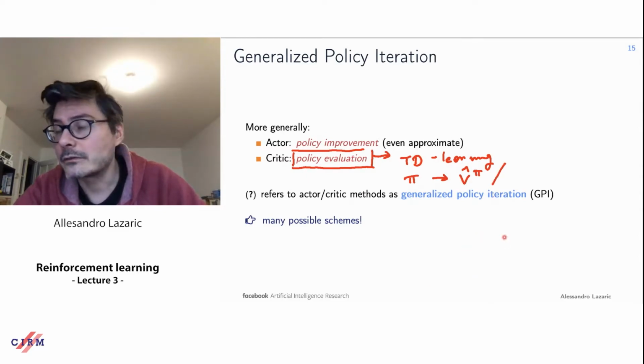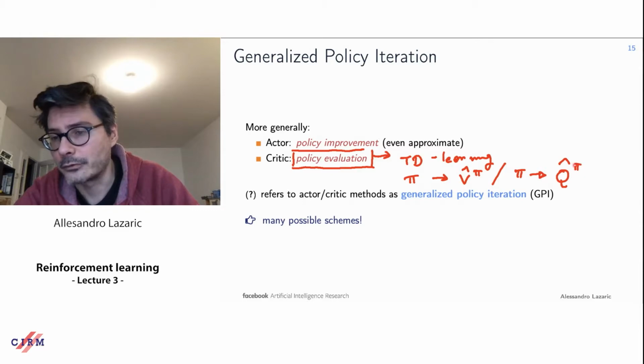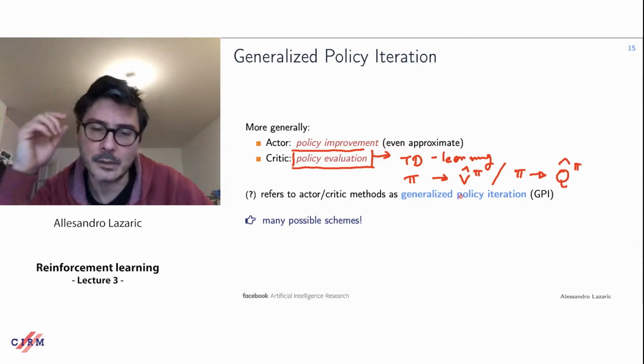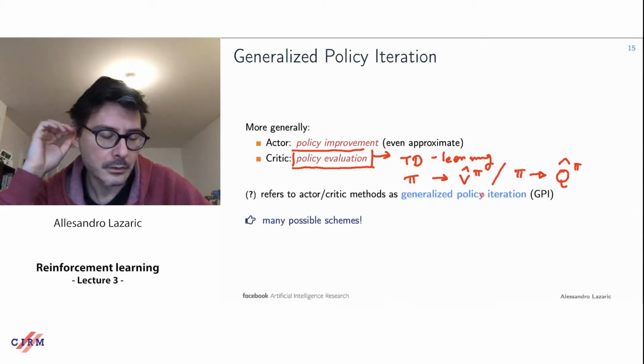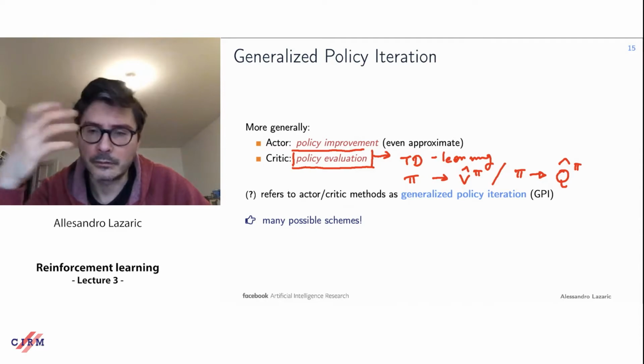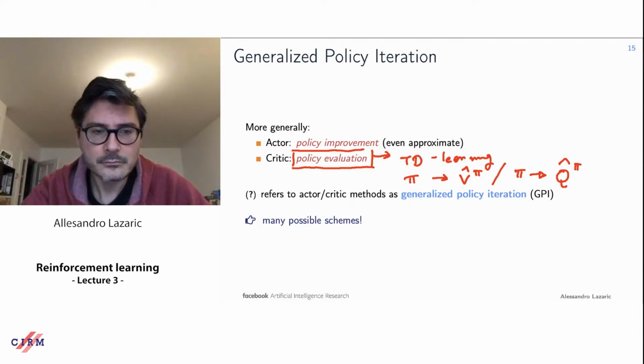There are also extensions of this algorithm that, given a policy, try to estimate the action value function associated with this policy. But the scheme is more or less the same. That's the reason why I was mostly looking first at the value-based rather than action-value-based versions, just because the equations are simpler to treat. But the same scheme can be applied to learn action value functions.